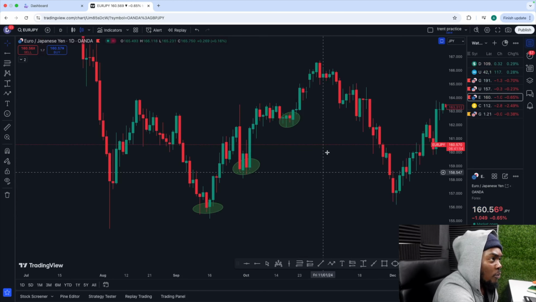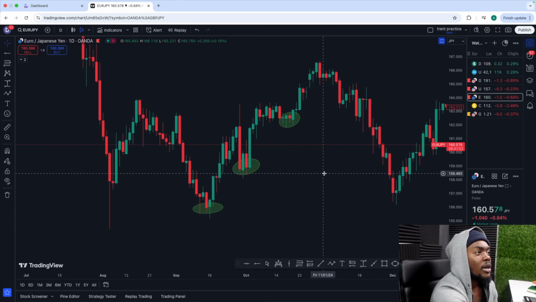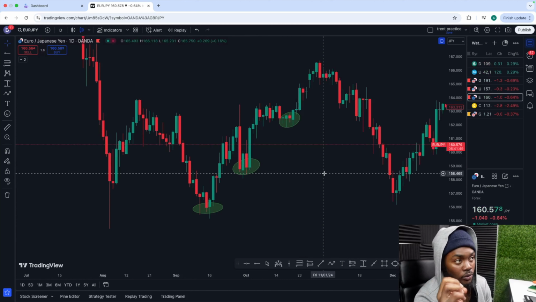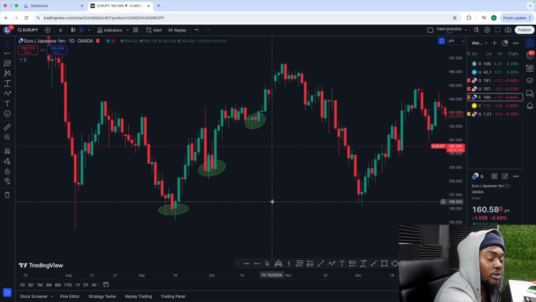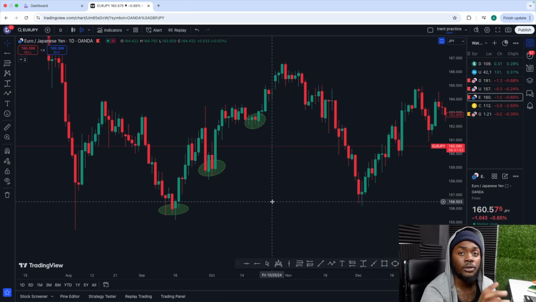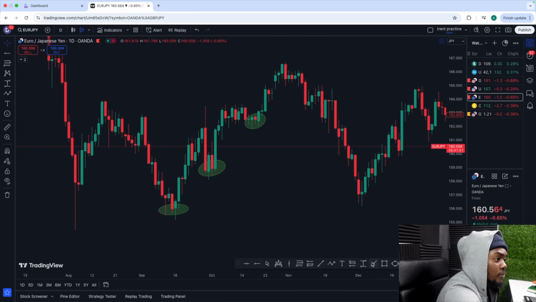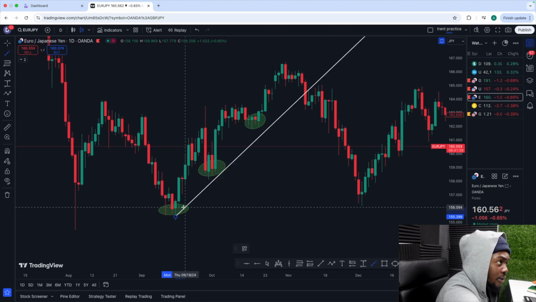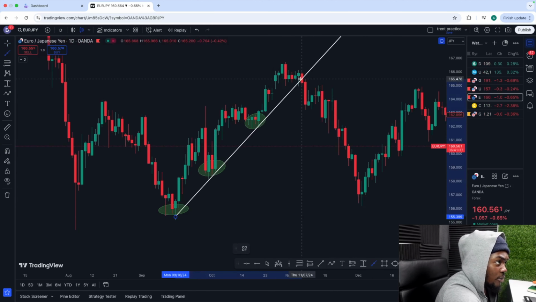So there's a few different ways that we can spot when the structure changes. Not the trend, but the structure. Structure and trend, two different things. Trend is your friend until it's not. So I can put a trend line here, which will be the first confirmation.